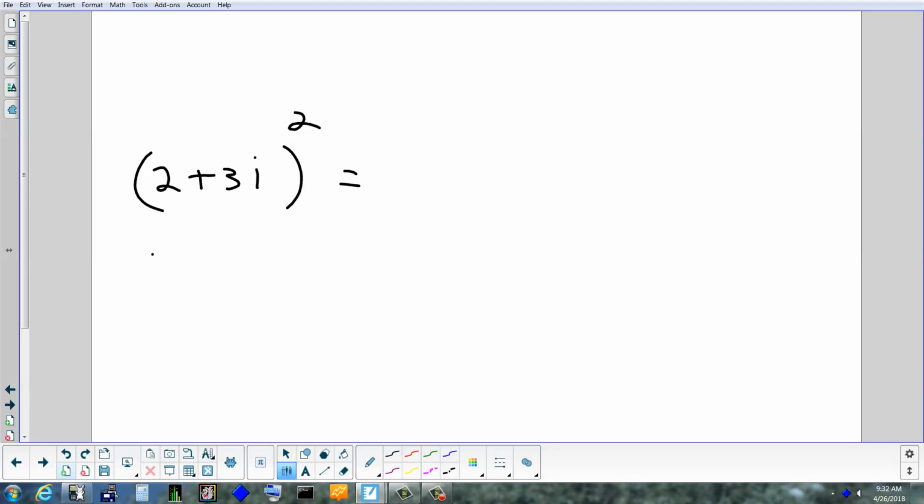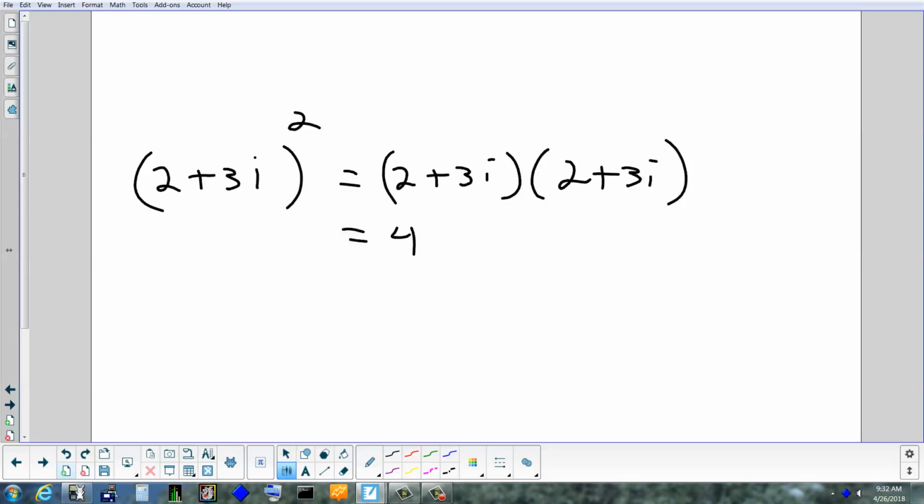Okay, what does square mean? Like if you had to explain it to someone that never saw exponents like this before. Multiply it by itself. Yeah, you take what's below and multiply by itself that many times. So this means 2 plus 3i times 2 plus 3i. And if we wanted to do that the old way, we have to FOIL it.